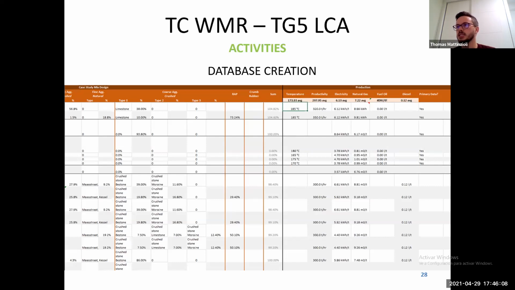And basically from all this data, we're able to run the LCA case studies. And obviously, the more data we have, the more accurate benchmarks we can create, and the better kind of benchmark families we can create as well. For example, as Ben said about mixed type, AC or SMA. So if we have this information about all the mixtures, we can then create better benchmark outputs and categories.